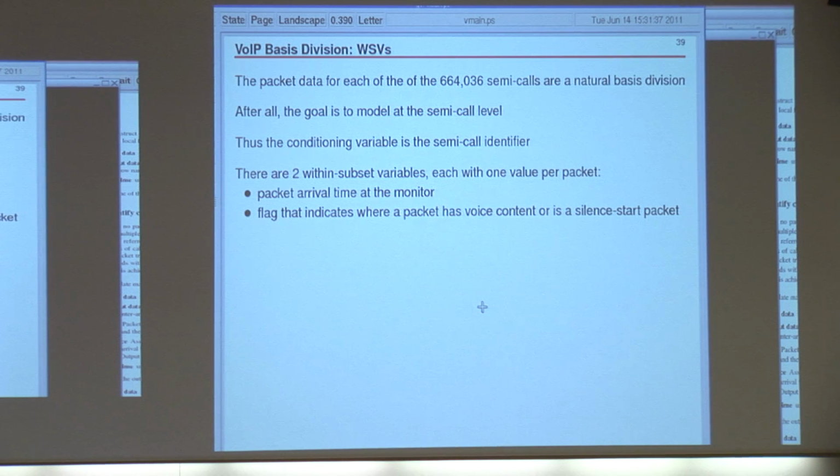So you could say really there are some zeros there, up to about 734,000 packets. Remember, we have to get up to a number like 1.3 billion or something like that. Okay, so those are the within subset variables.